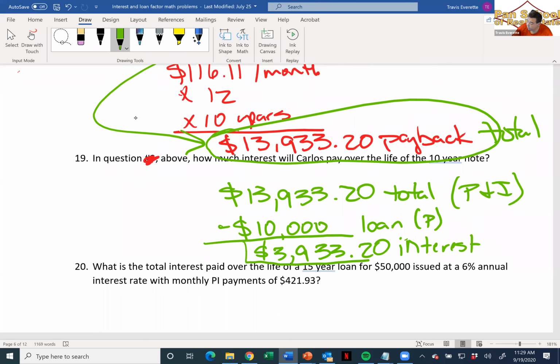Now, Melissa, the reason we're able to do that is we're not asking how much interest he paid in any single month like we were in the previous question. That was a way of calculating how much of each month is interest. This is just, if you kept the loan for the whole time, how much in total would you pay in interest?